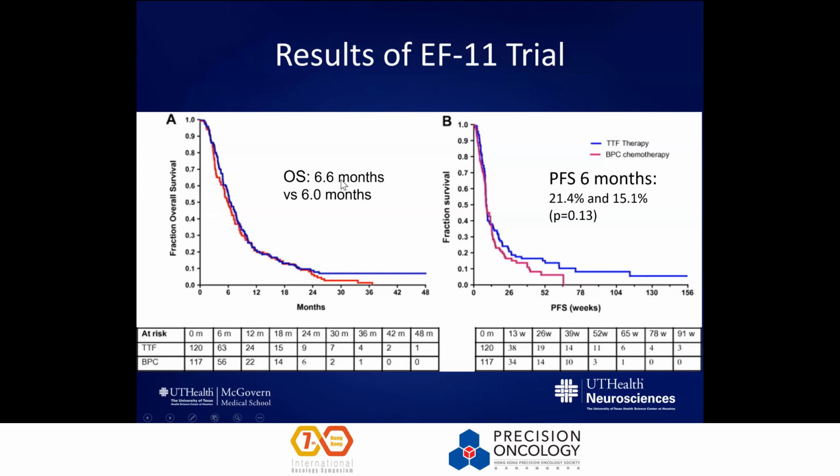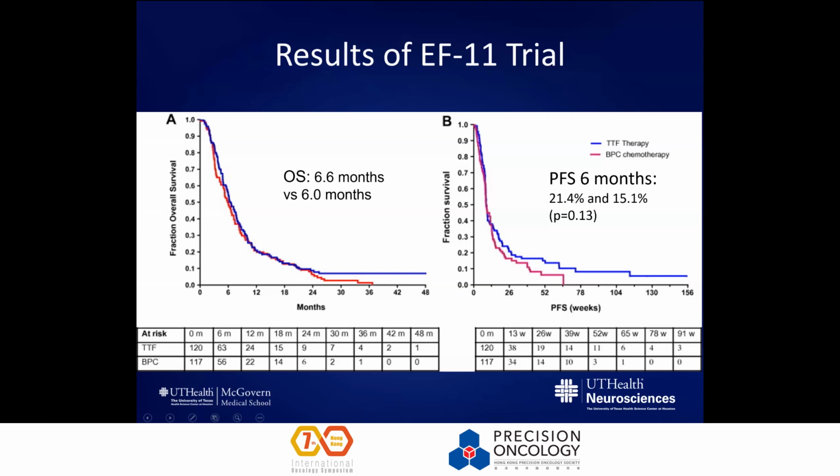Overall survival was 6.6 months in the TTF group versus 6.0 months for the best physician choice group. No statistical difference. Progression-free survival at 6 months was about 21.4% for the TTF group and 15.1% for the control group. Again, statistically similar.